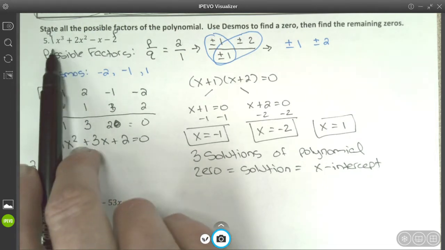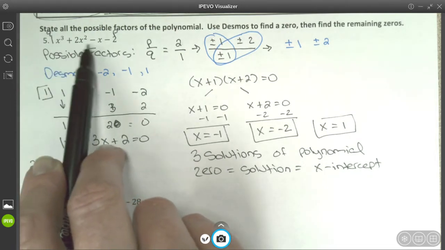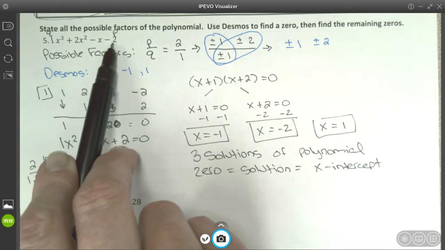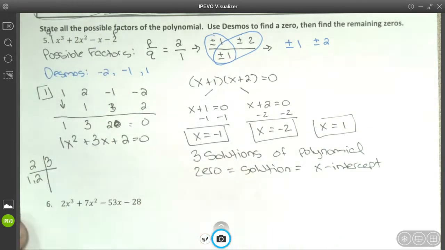So if you did that, 1 plus 2 is 3, minus 1 is 2, minus 2 is 0. So that's a super easy way that you could eyeball something and know if 1 was going to work or not.